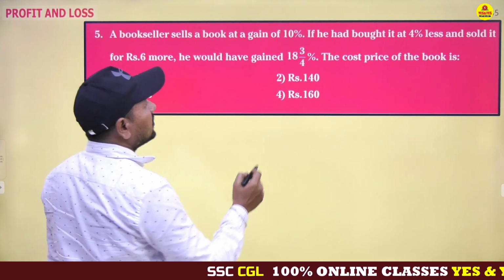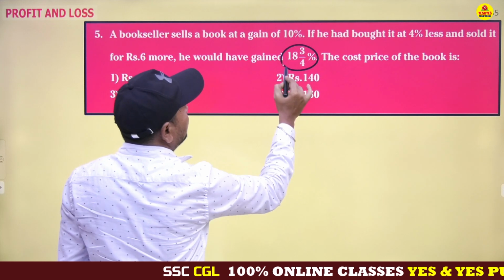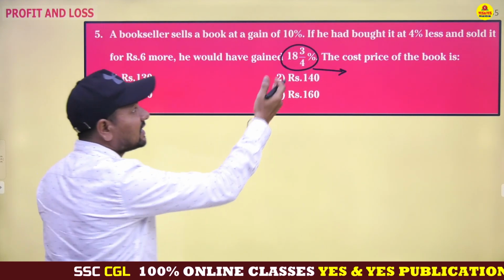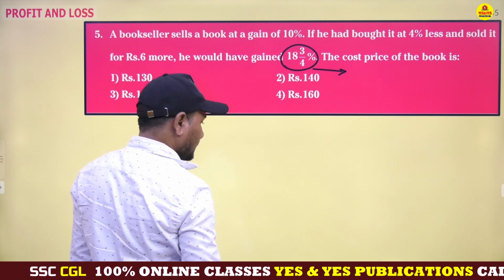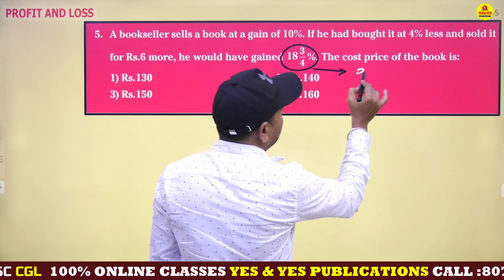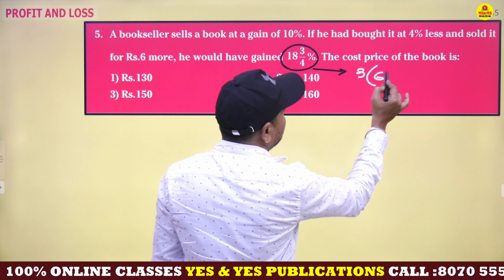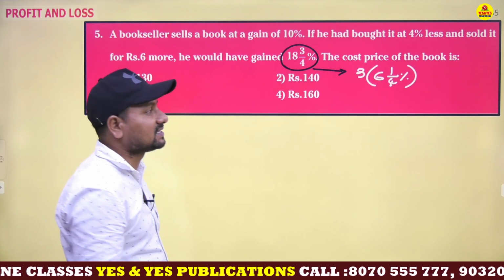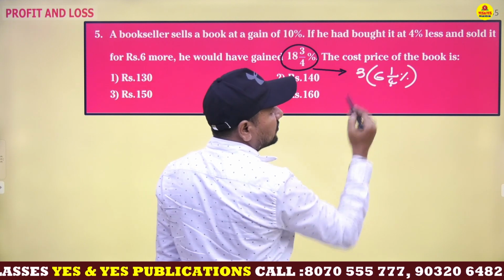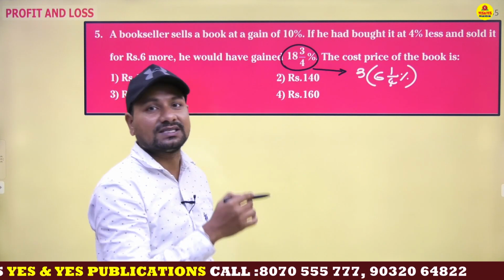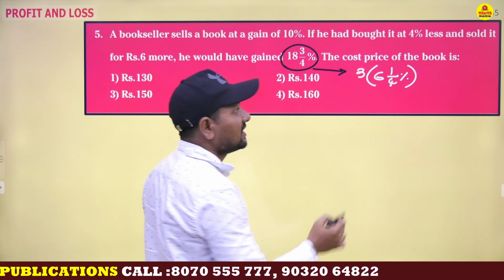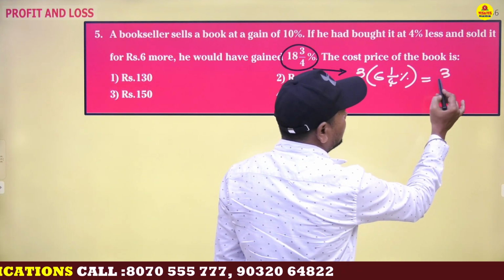Okay, so first of all we'll learn what the value of 18 3/4% is. 18 3/4% means the 3 will be common. If the 3 is common, what is the value? 6 1/4%, is it right? 6 1/4%: 6 4s are 24, 24 plus 1 is 25, 25/4 means nothing but 25/400. 25/400 means 1/16, and 18 3/4% is nothing but 3/16.